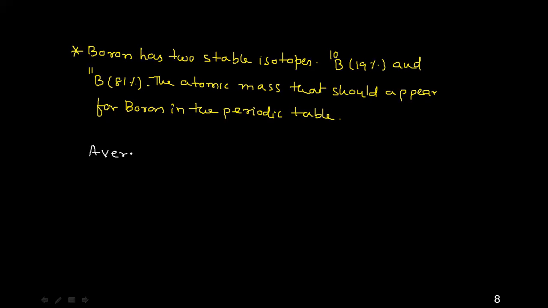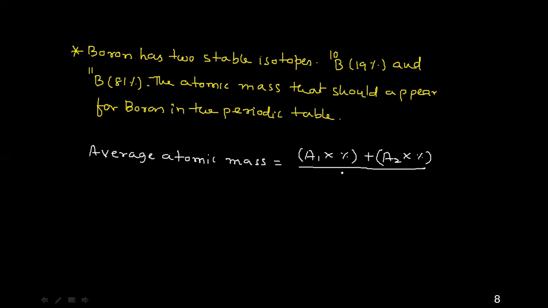So average atomic mass is equal to atomic mass of the first isotope into its percentage abundance plus atomic mass of the second isotope into its percentage abundance, divided by the total abundance, which will be 100 because that is given in percentage.